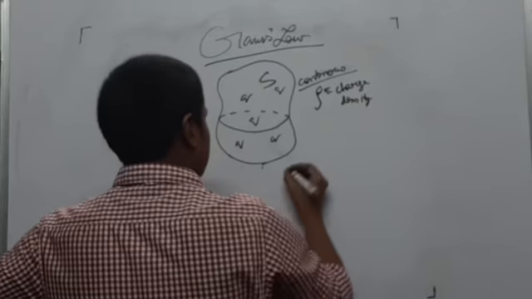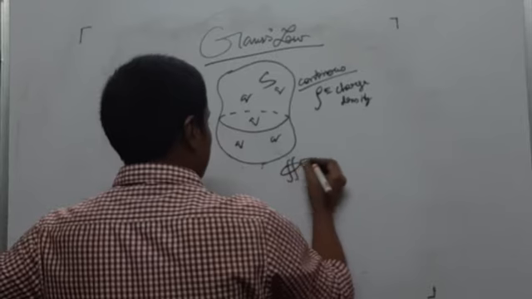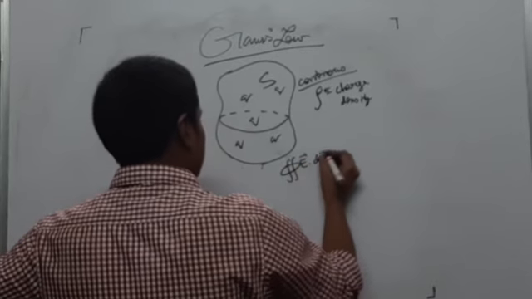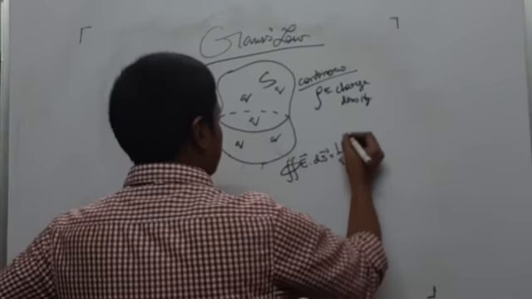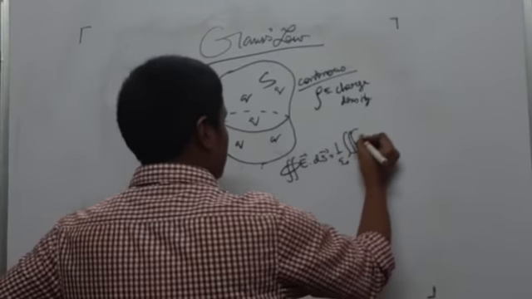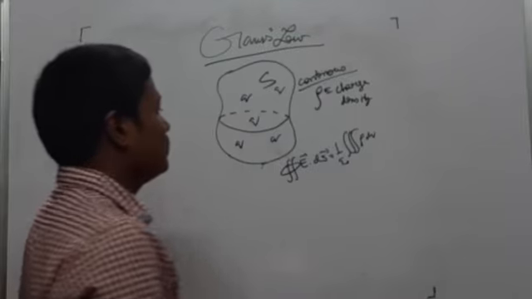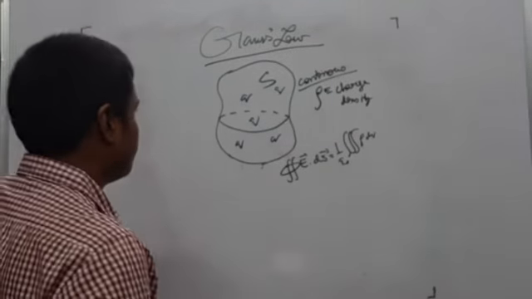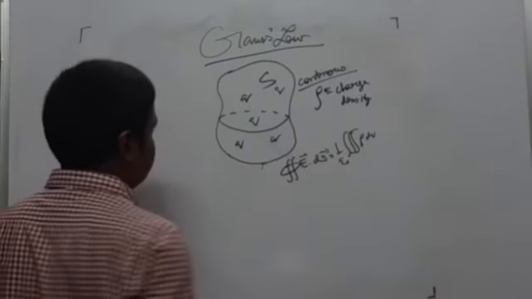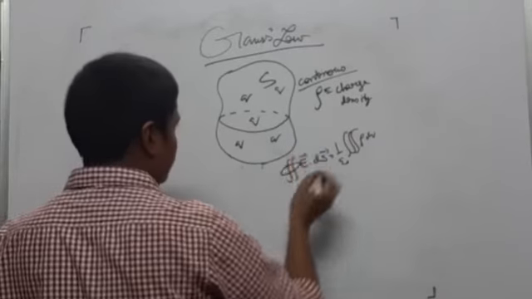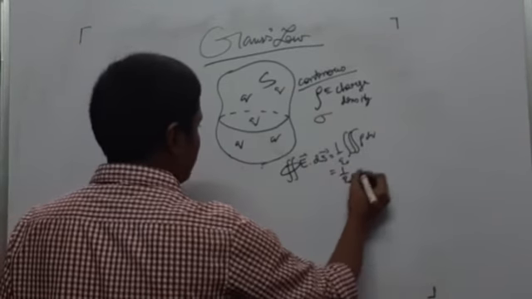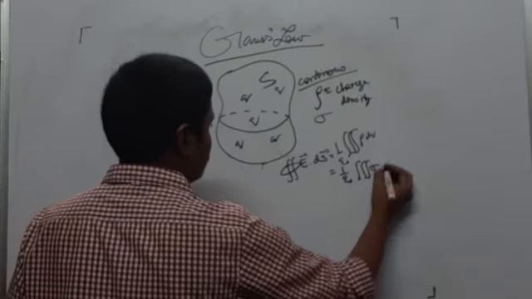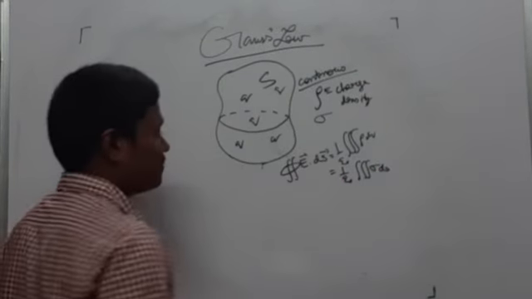In that case, Gauss's law simply tells you that the closed surface integral of E dot dS is 1 over epsilon times the volume integral of rho dV. What if you have a surface charge distribution within it? Let's say it's sigma. It's also very straightforward: sigma dS.